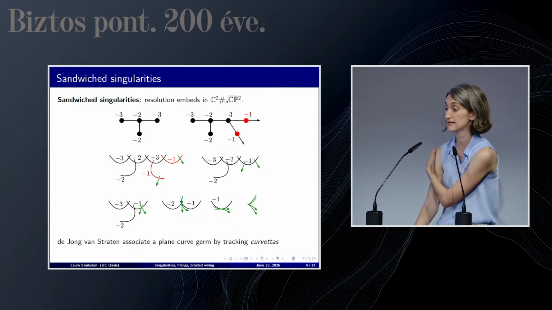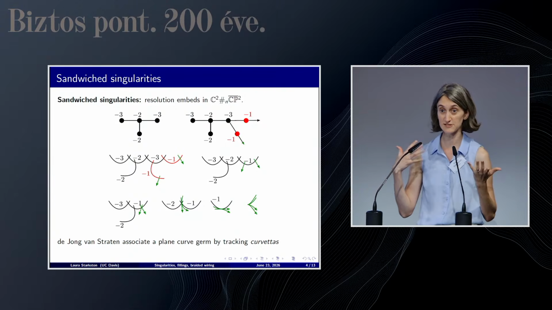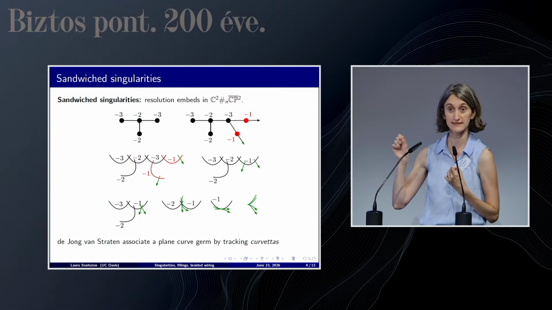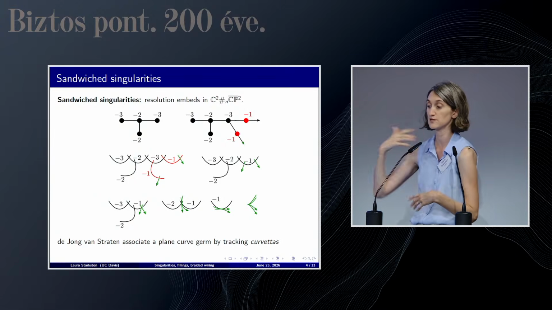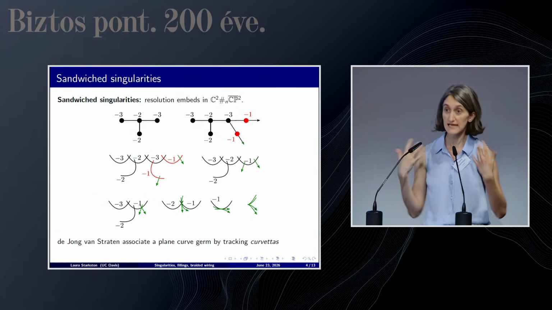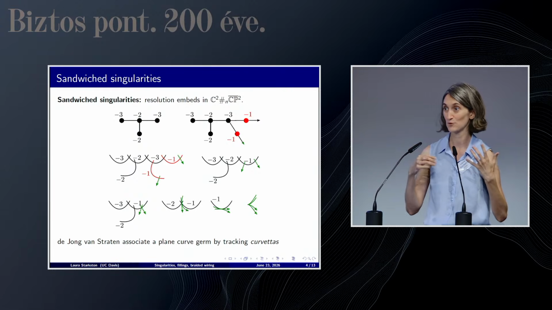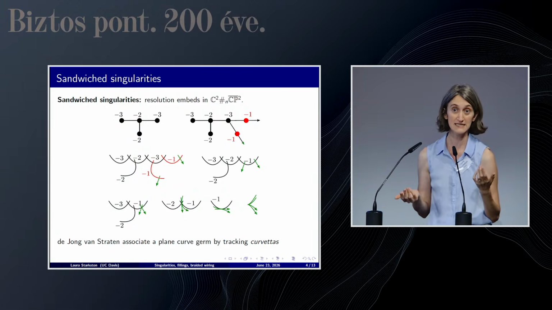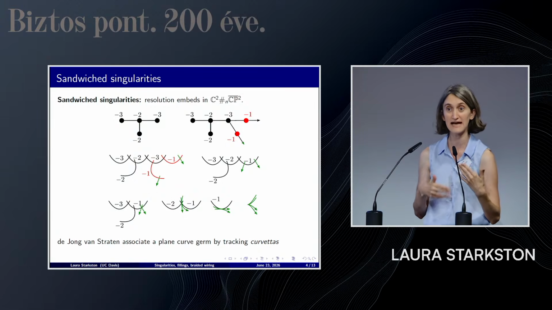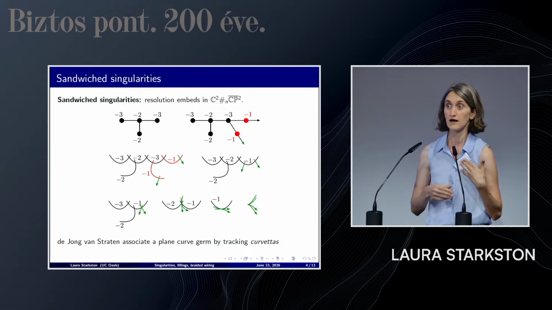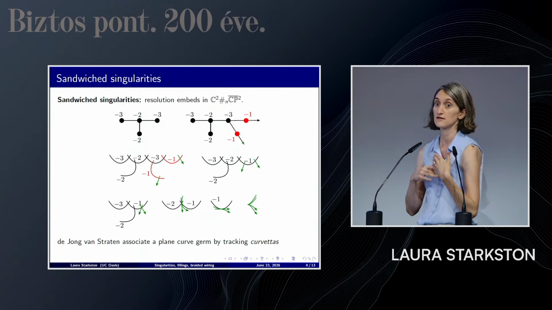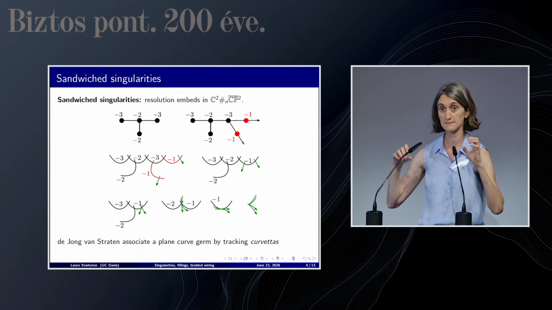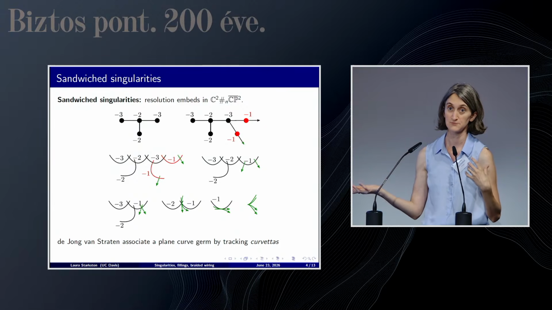Marcy explained that the sandwiched graphs are ones where you can add these -1 leaves so you can blow down to nothing. The one-sentence description of a sandwiched singularity is that they're singularities that birationally embed in C2. You could think of that as saying the resolution graph, the plumbing, embeds into a blow-up of C2.